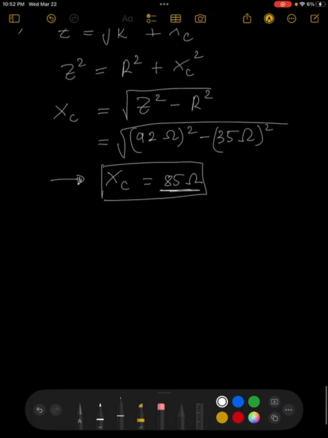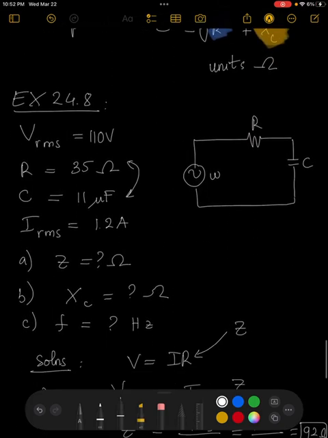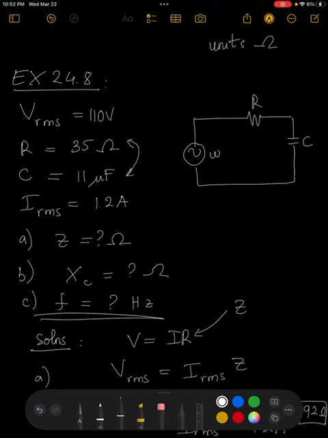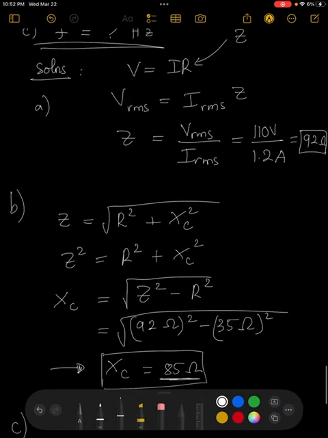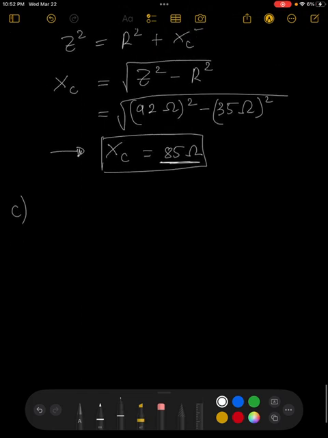Part C: what is the frequency at which the generator is generating its alternating current?